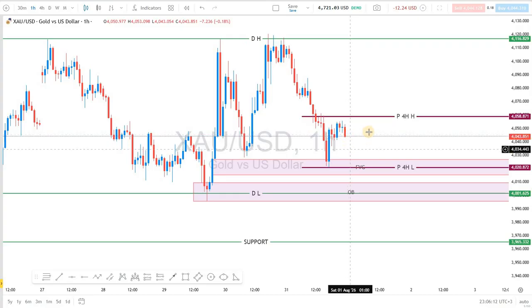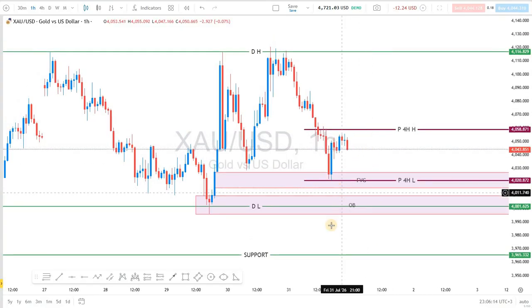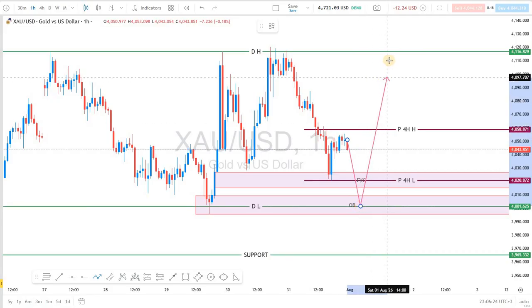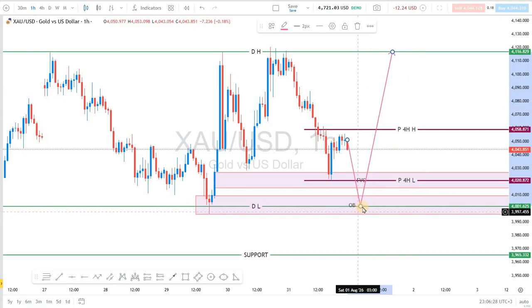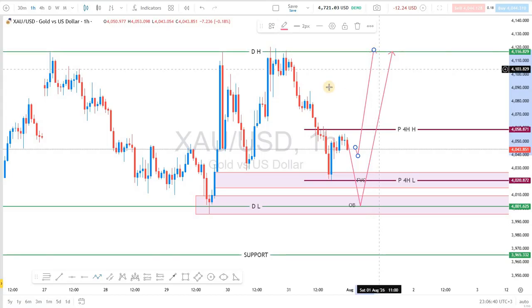So I'm anticipating that if this market comes down to this level or surpasses it to this order block and then gives us a bounce back of a bullish trend, I'll take a buy position at this level. Or it can also come and push the liquidity a little bit before bouncing back to this previous high.